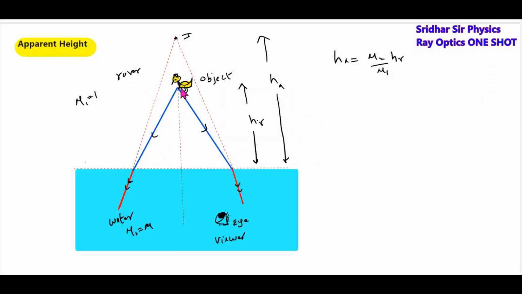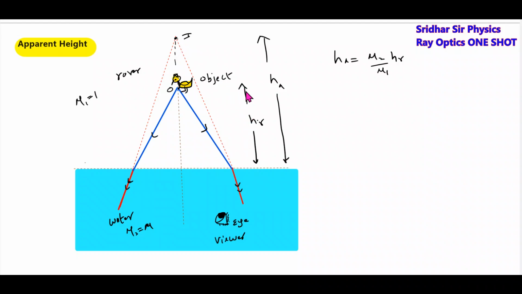Next we have the bird here. It is in air and it is viewed by a person who is in the water. The rays emitted by the bird will undergo refraction and enter into the eye. For the eye, the rays are coming out as if from this point. So the same bird will not appear here, it will appear at this point.